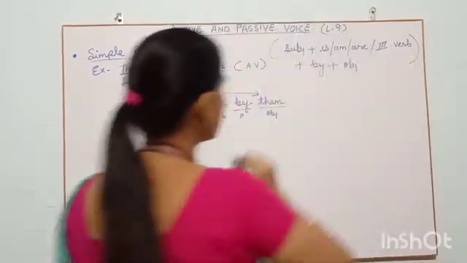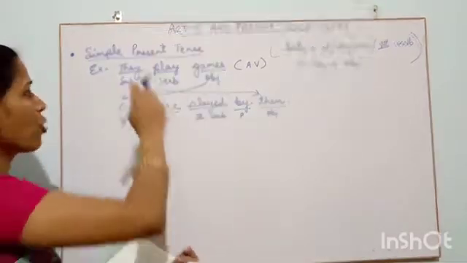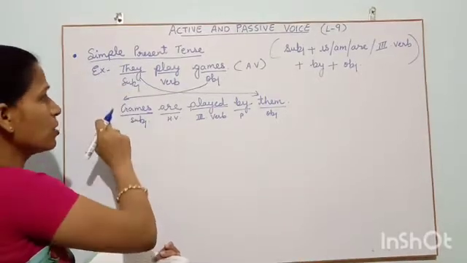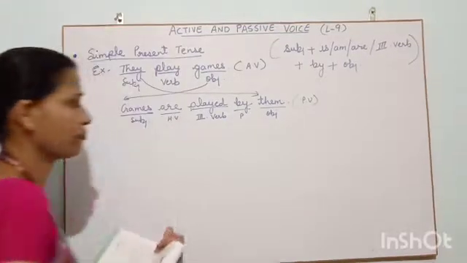So this way you can say this is the formula when you are changing from your simple present statement in the active voice to the passive voice. This is my passive voice.